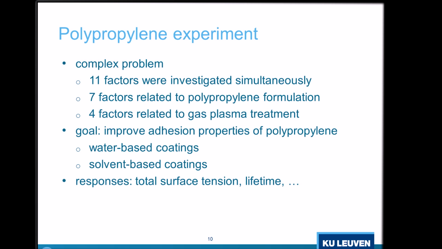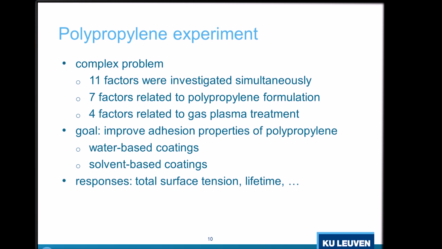And then I have a third example, and that third example actually inspired the 2007 paper. That example involves the use of polypropylene in cars, in the car production. And in the polypropylene experiment we discuss in the paper, 11 factors were studied at the same time. 7 of these factors were related to the way in which the polypropylene was produced, and 4 factors were related to the way in which the polypropylene was processed later on.